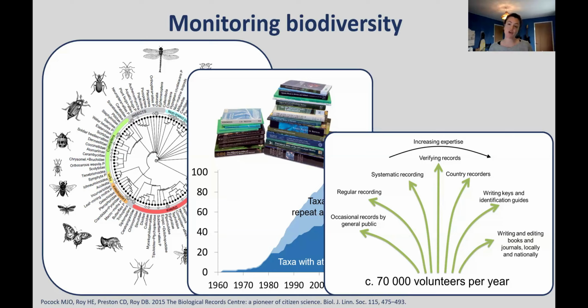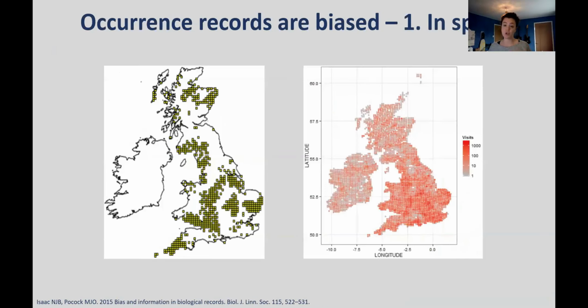But because of the nature of the observation process, which is usually opportunistic in nature, there is some unevenness in the way that the data is collected that, if not accounted for in the analysis, could lead to biased metrics of biodiversity. Now, when we talk about bias in citizen science data, we usually talk about bias in space, for example.